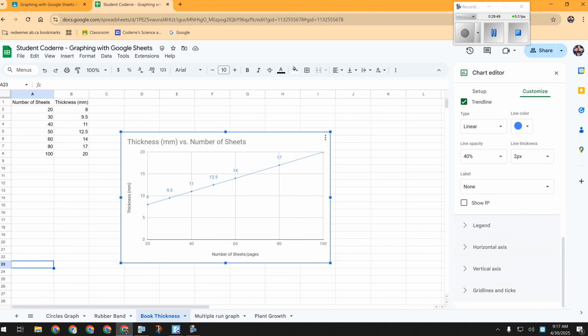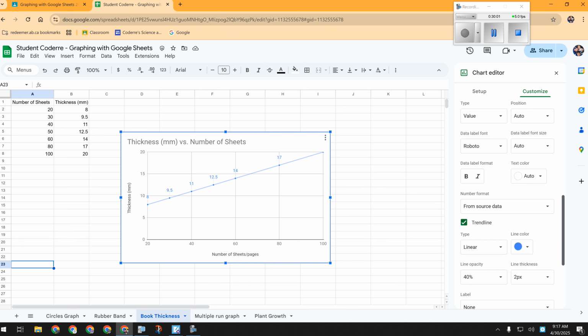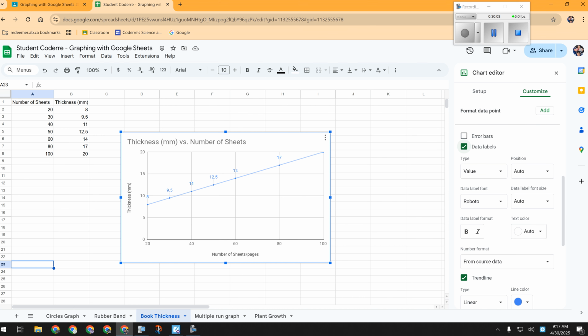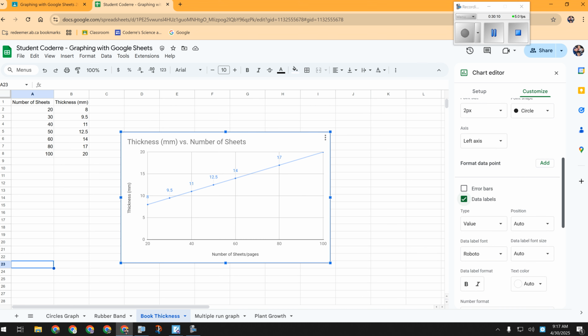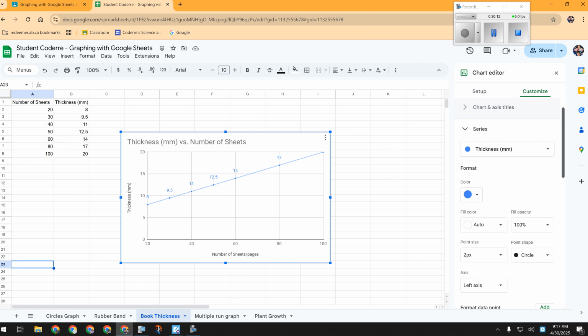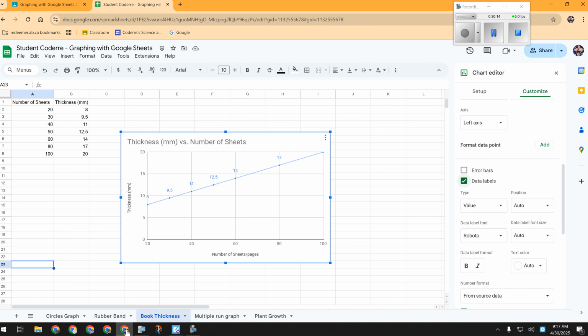Okay, this stuff here we don't generally change. But here in the label box, I do need to put a label on the line. Oh, I should have put the error bars on. I didn't want those. There we go.